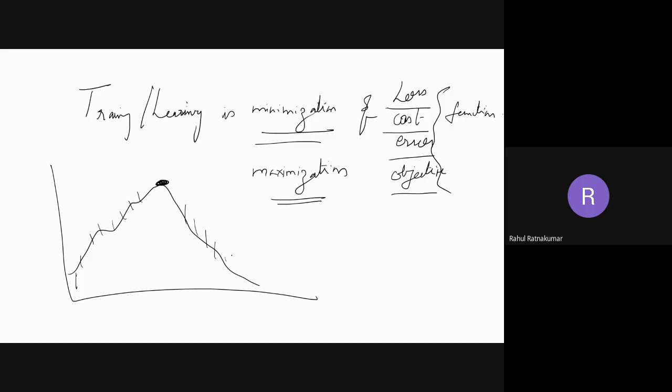So the best option with respect to maximization is here. When I'm thinking of maximization, this is the best. When I'm thinking of minimization, maybe this is the best. This is minimum, and this is maximum. Okay, so your problem will give you the idea whether we are trying to maximize or minimize.